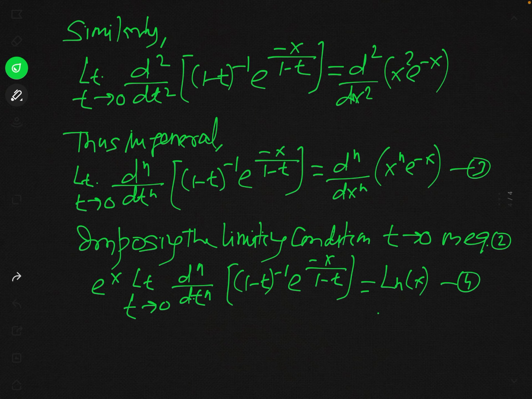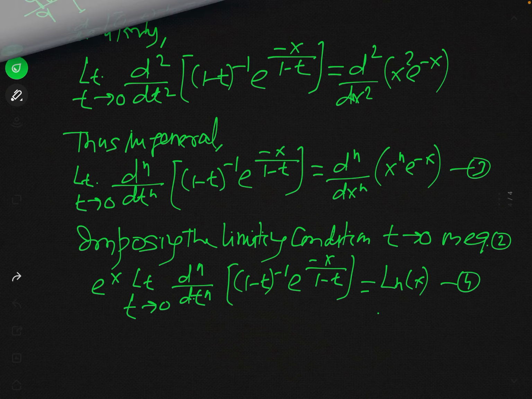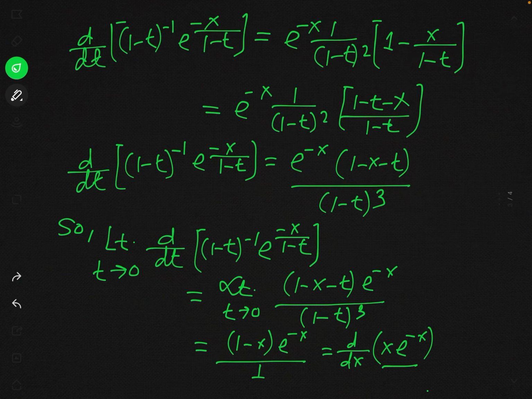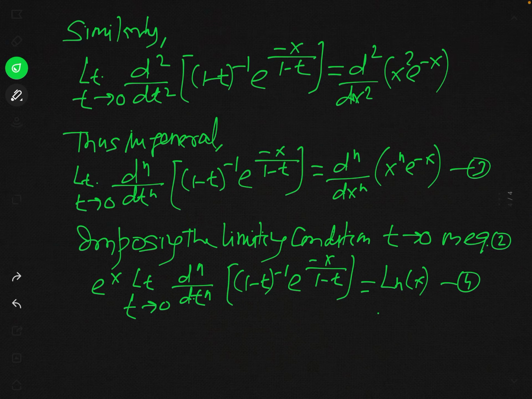Now you can see from the equation which we have obtained here, this is equation 3, and equation 3 says that the limit t tends to 0 of dn dtn operated on this factor is equal to this much. So when we use equation 3 in equation 4, the LHS may be replaced by dn dxn of x raised to the power n e to the power minus x times e to the power x.